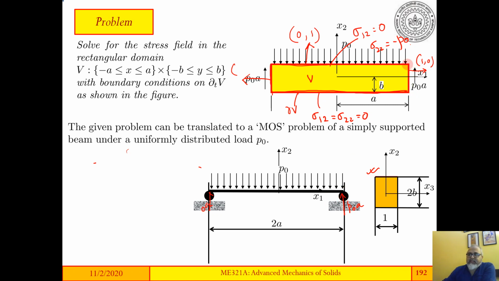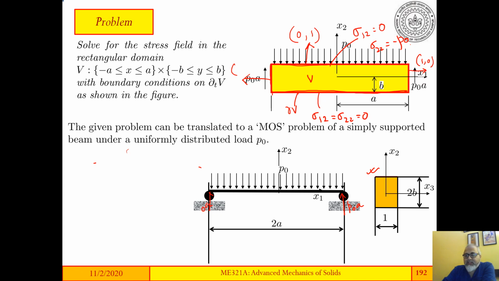But what we can say is that the total force in the y direction is equal to P naught A. We can also say that the total force in the x direction is equal to 0, and if we want to give more information, we can even say that the total moment of these forces also has to be 0 because there's no moment applied at the free edges.